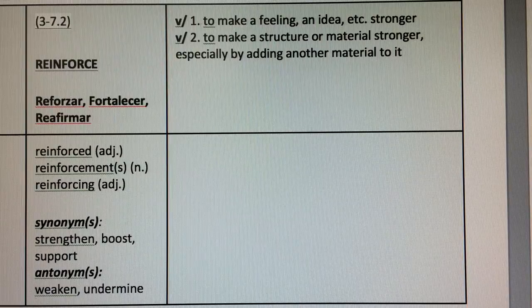So we were talking about your core the other day, your stomach area, and you can make your core stronger by doing sit-ups, and then you're adding the material of muscle to your stomach to make it stronger. So you can say, I reinforce my core by doing sit-ups and building muscles. Abdominal muscles.